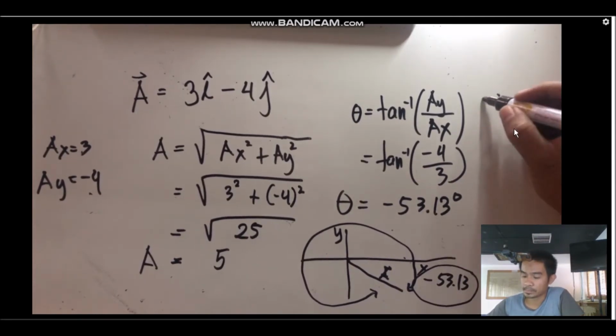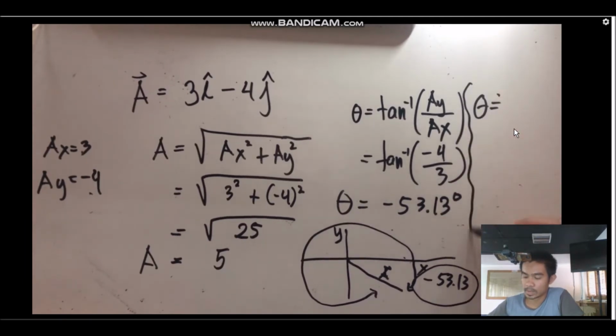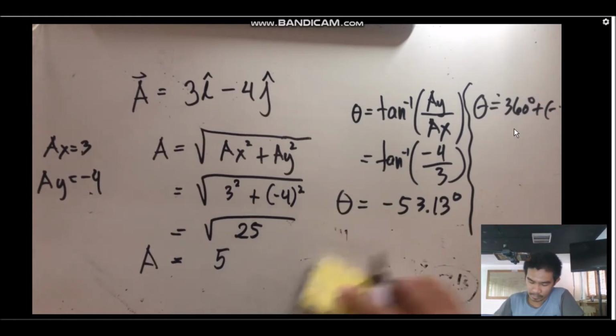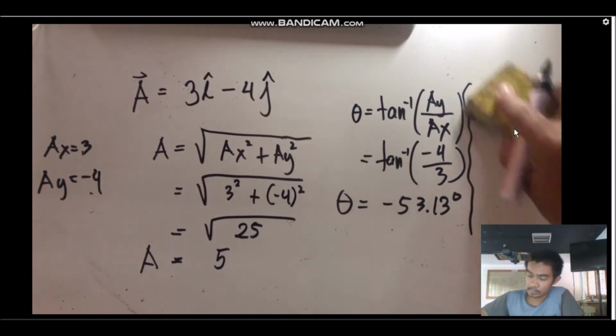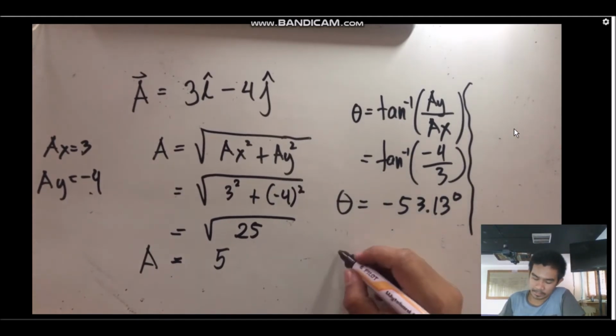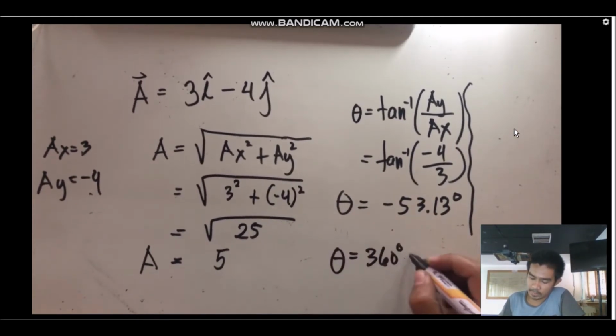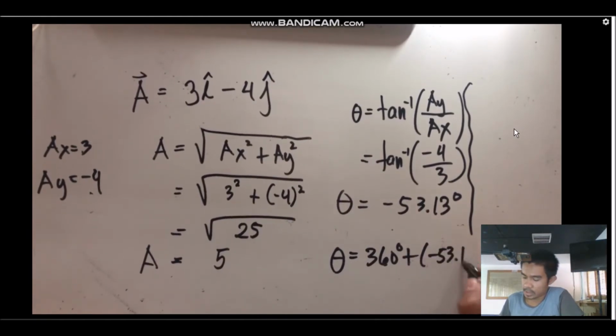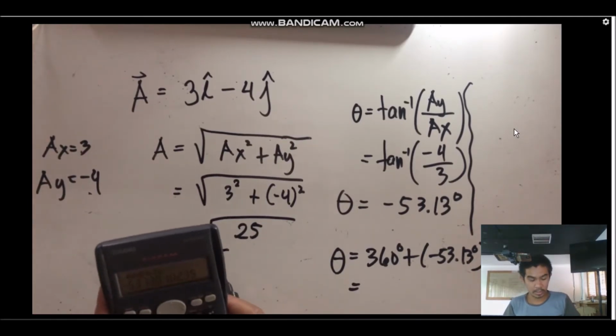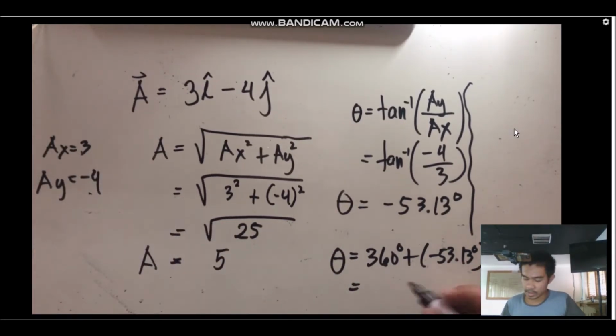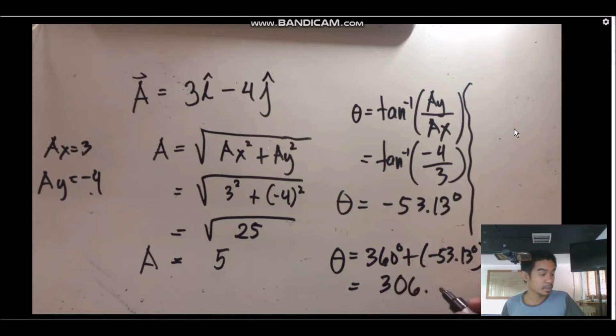So theta is 360 degrees plus negative 53.13 degrees, and then we have 306.87 degrees.